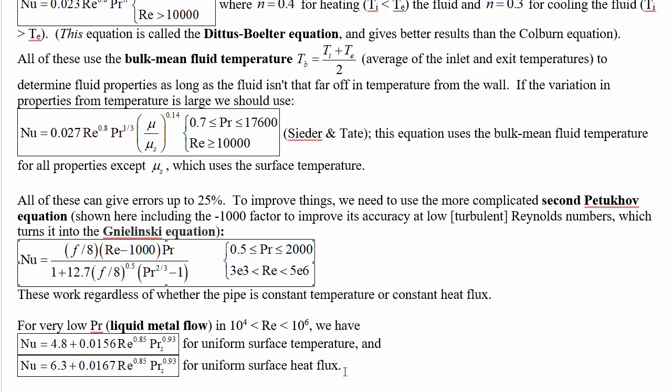So in that situation, you end up with Nusselt numbers which are calculated using these two equations instead. And in that case, because again the thermal boundary layer is outpacing the mixing from turbulence, you end up with a situation where even though it's turbulent flow, we do have a difference between uniform surface temperature and uniform surface heat flux.